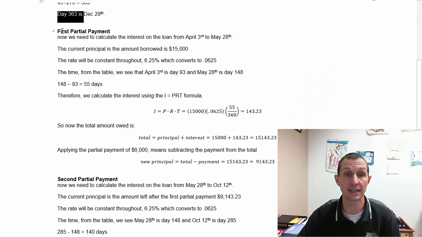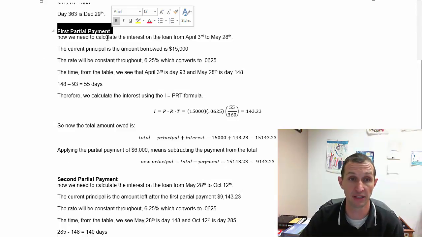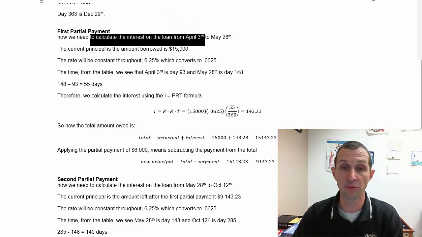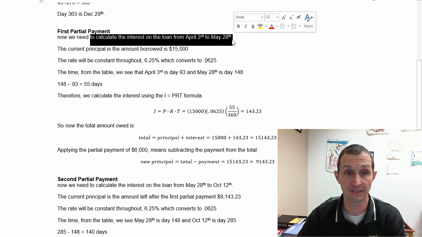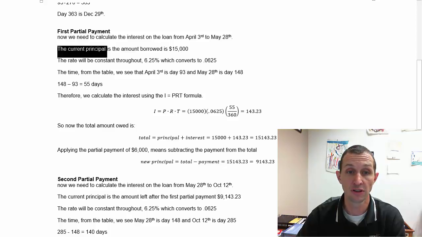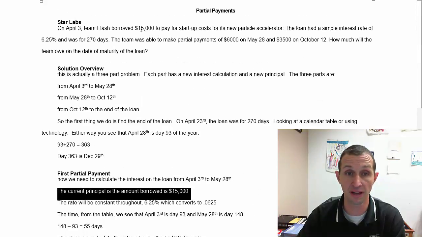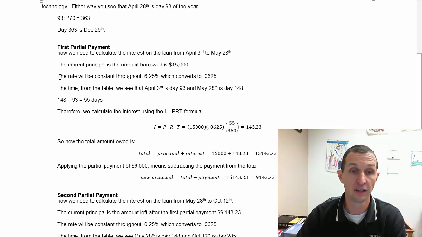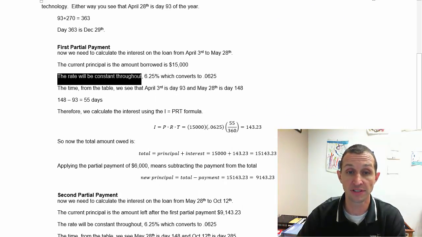Now we're ready to calculate our first partial payment. We need to calculate the interest on the loan from April the 3rd to May the 28th. The current principal is the amount borrowed, the $15,000. This is the full amount; they haven't paid anything yet. The rate is constant throughout and will not change. It's 6.25%, which converts to 0.0625.